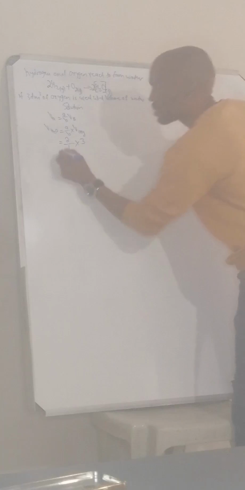When you multiply here, you get 6 cubic decimeters of what? Of H2O. So what volume of water is produced? You will produce 6 cubic decimeters of water if you have 3 cubic decimeters of oxygen.